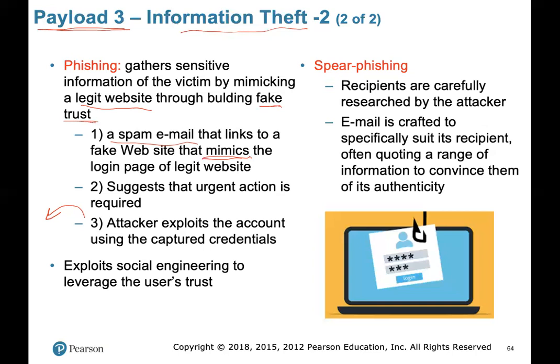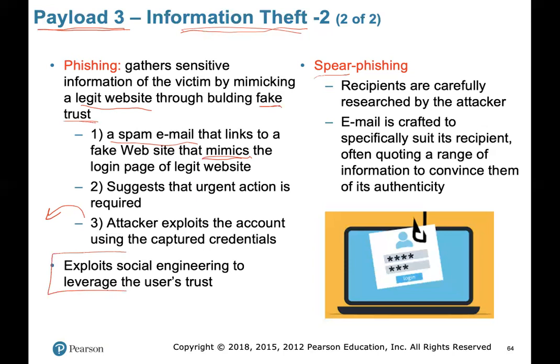A more advanced version of the phishing attack, where the payload does the information theft, tries to make it even more effective by exploiting some social engineering. For example, another version which is called spear phishing.